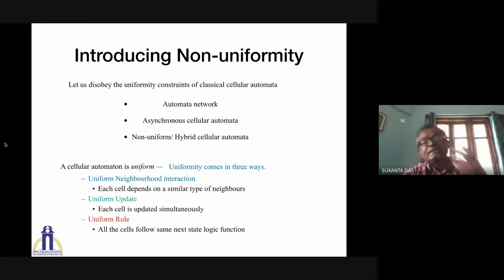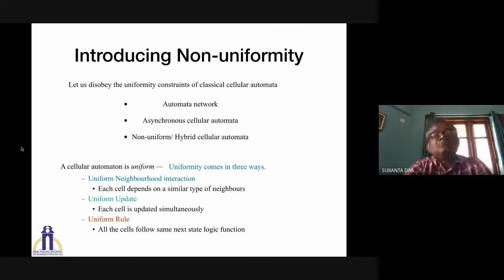Each cell is updated simultaneously, but when this is disobeyed, we get asynchronous cellular automata. Finally, if we disobey the uniform rule, where all cells are forced to follow the same next-state function, then we get hybrid cellular automata.